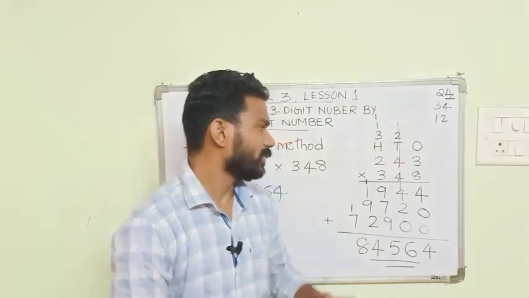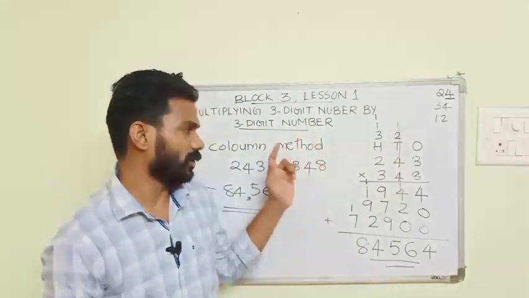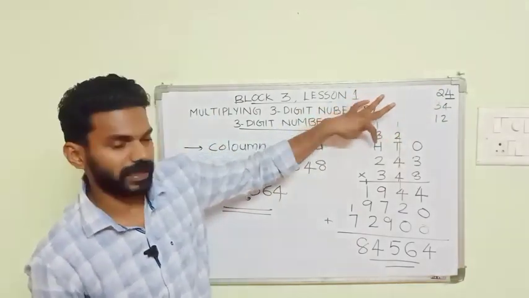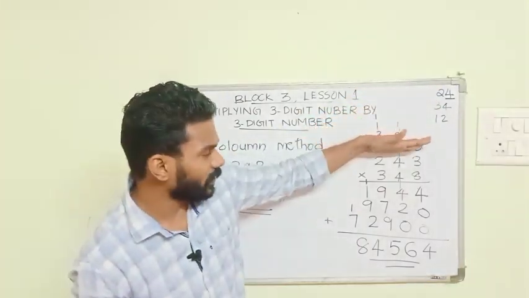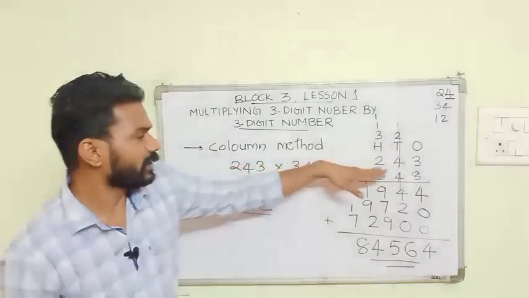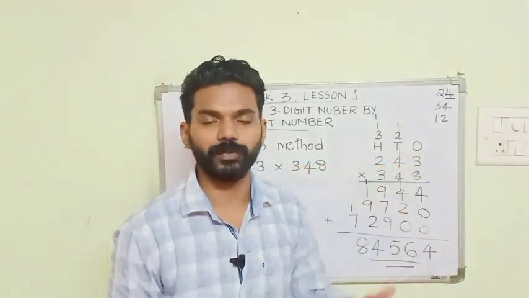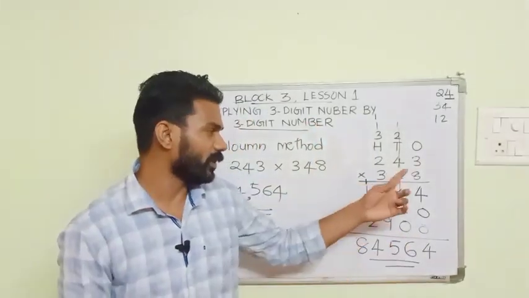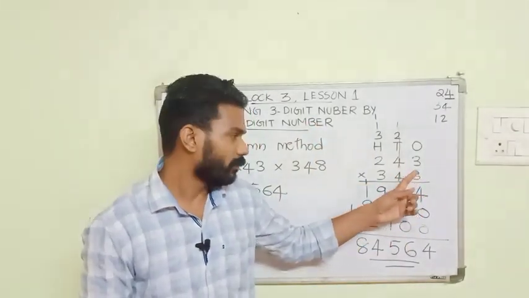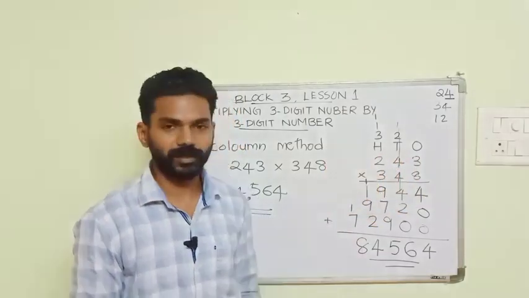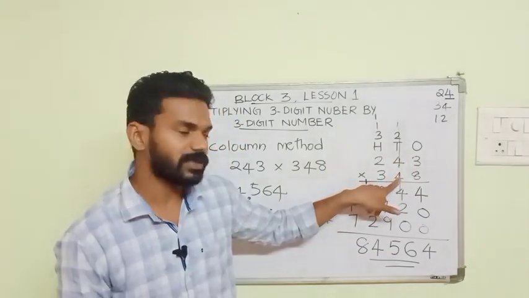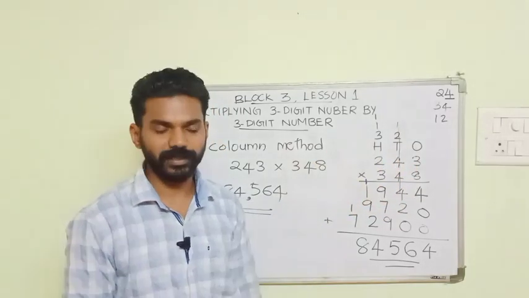So we got 4 steps. First of all, we need to construct the columns, ones, tens and hundreds. Thereafter, we write down the given numbers which have to be multiplied. That is the first step. On the second step, we consider the ones place multiplied by every digit. On the third step, we consider the tens place multiplied by every digit.